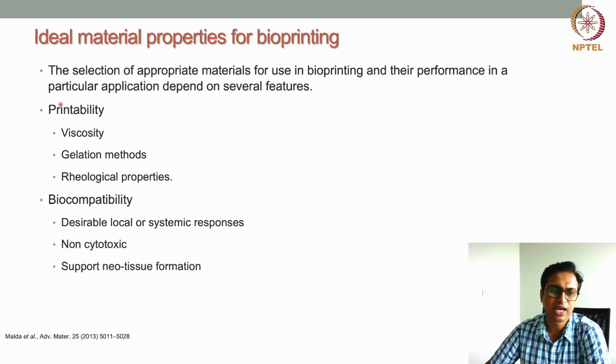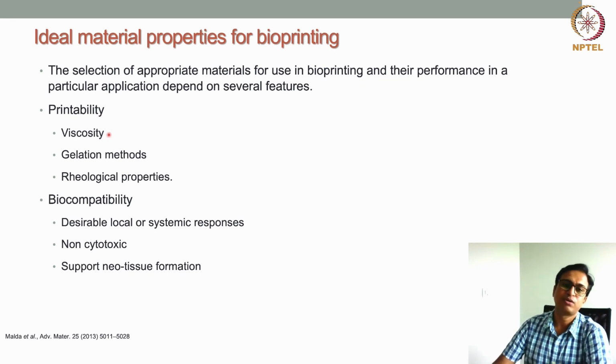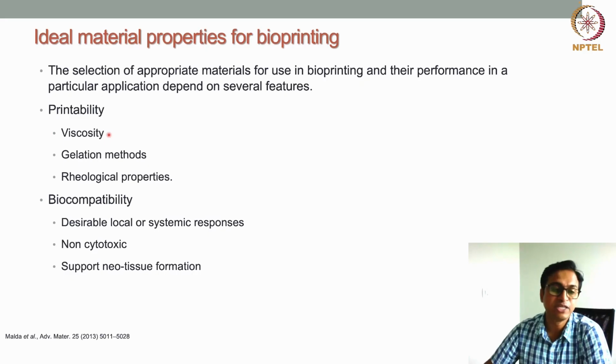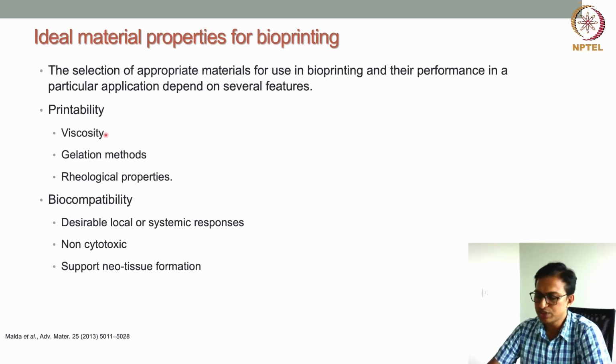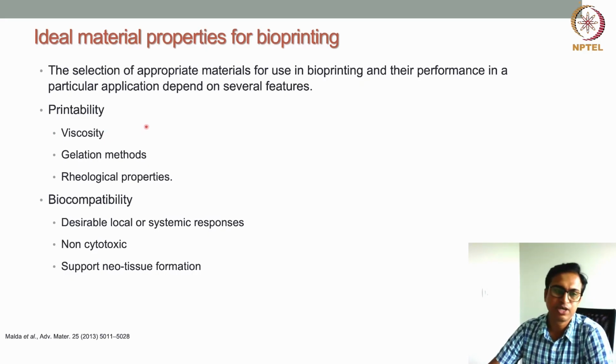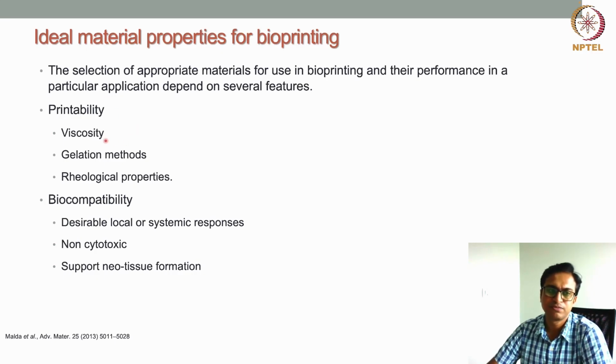For a material to have printability, there are important contributing factors. Viscosity plays a major role in deciding the printability of a material. Based on the viscosity, the material is either printable or not. If you use a very low viscous material, it can come out of the nozzle very fine, but then the material will start deforming and will not be able to make a good structure.